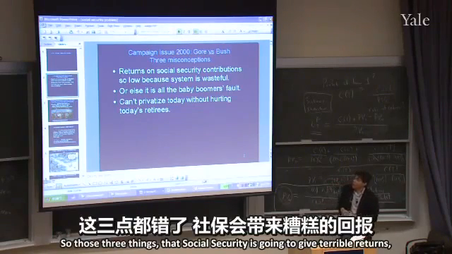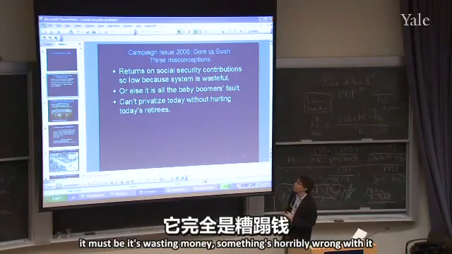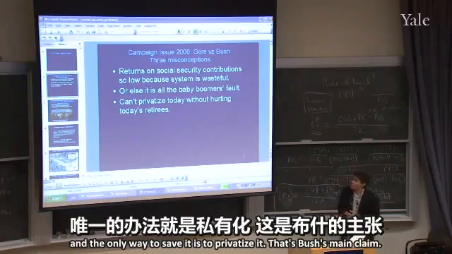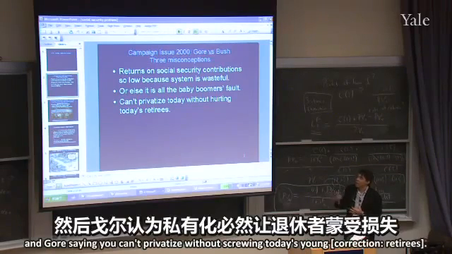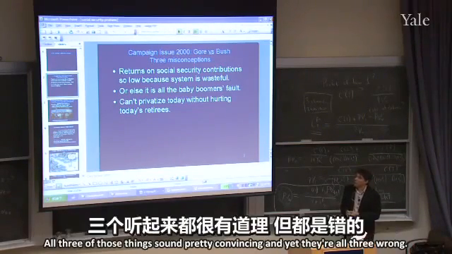So those 3 things, that Social Security is going to give terrible returns, it's wasting money, something's horribly wrong with it, and the only way to save it is to privatize it. That's Bush's main claim. Blaming it all on the baby generation, that's everybody's claim. And Gore saying you can't privatize without screwing today's young. All 3 of those things sound pretty convincing, and yet they're all 3 wrong.